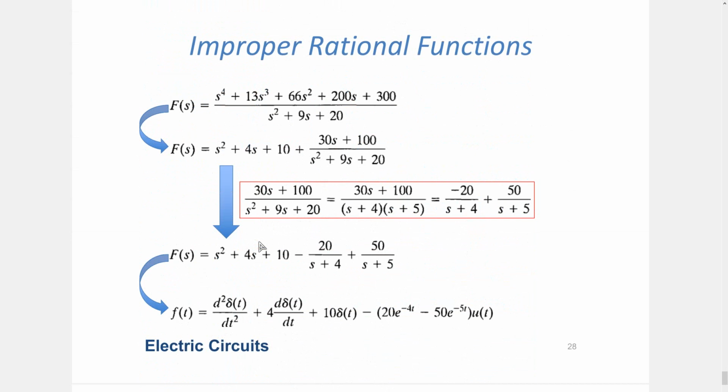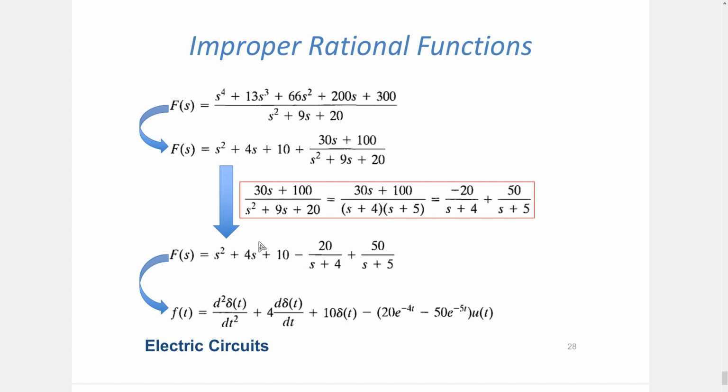We talked about the fact that we can have proper or improper rational functions. When we have an improper rational function, in which the degree of the numerator is greater than the degree of the denominator, we just need to transform this into a proper rational function by dividing the numerator by the denominator, doing polynomial arithmetic basically.